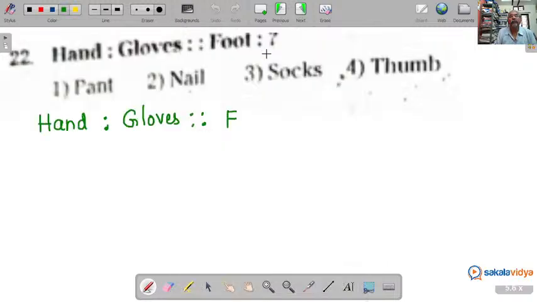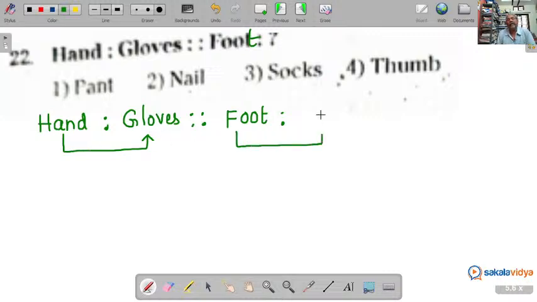Next one is foot. Sorry, this is foot, F-O-O-T. Foot is related to what? See, hand, gloves, generally we wear gloves on our hand. For foot, we can use socks.